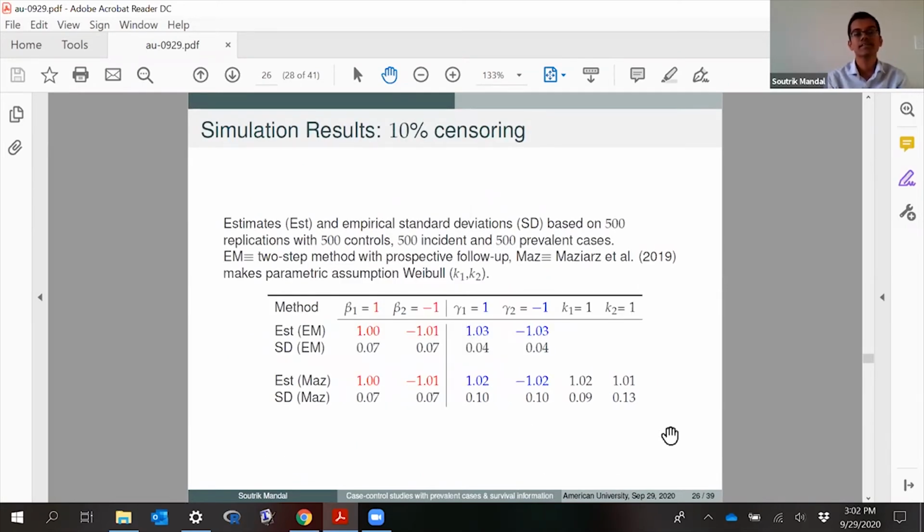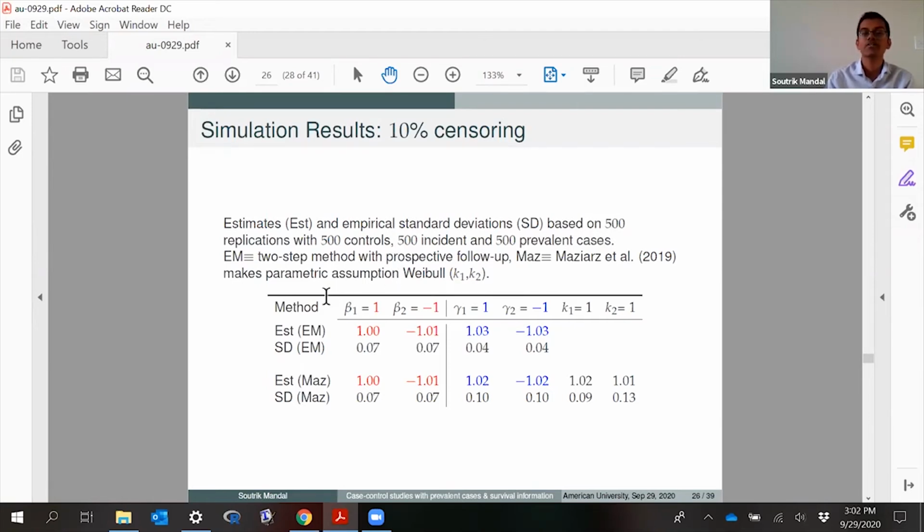Now let's look at some simulation results. I'm showing you results for our method, which is the EM, two-step method with prospective follow-up time, and Mazier's method, which makes a parametric assumption, which in their case was a Weibull distribution with shape and scale parameters kappa 1 and kappa 2.